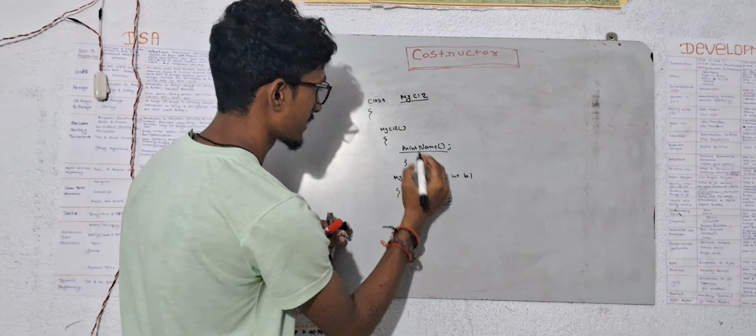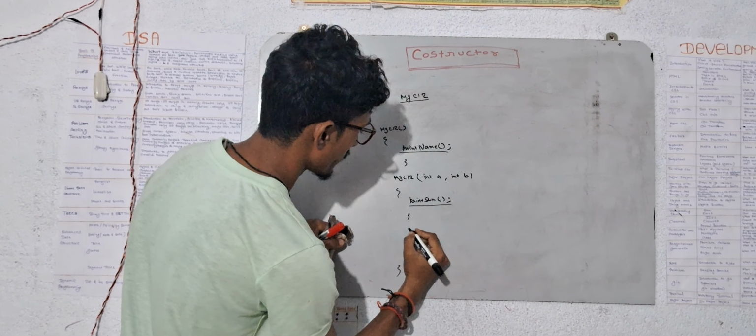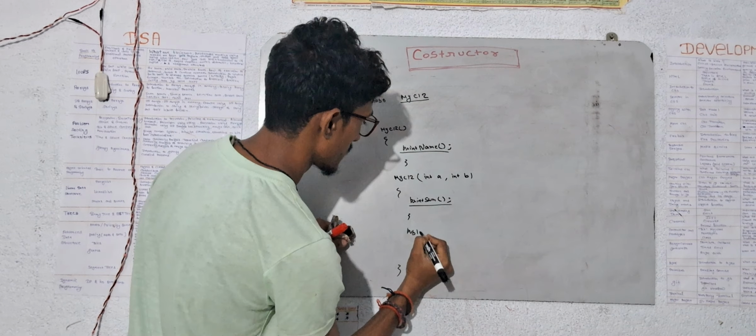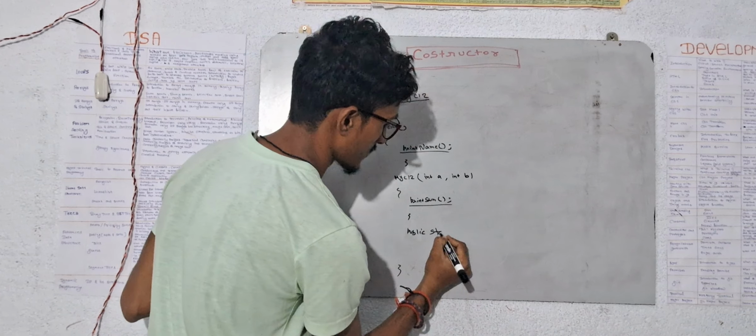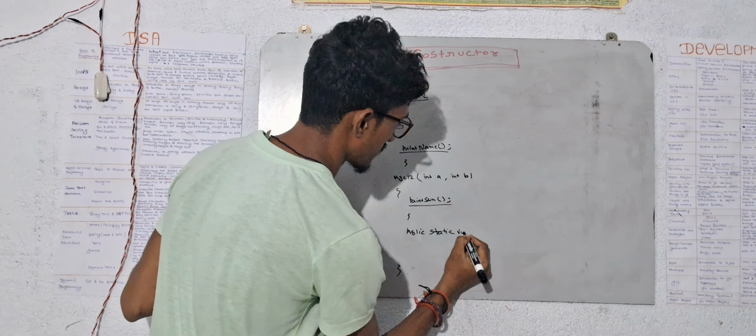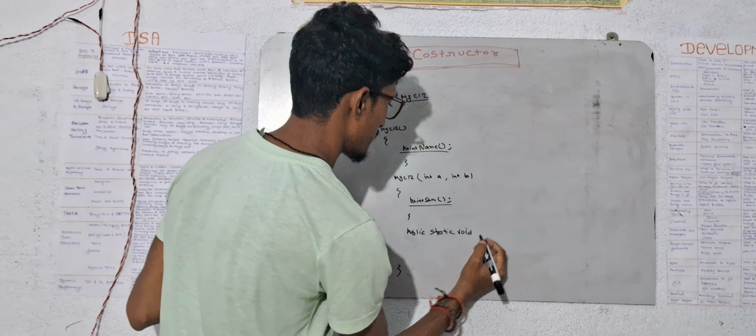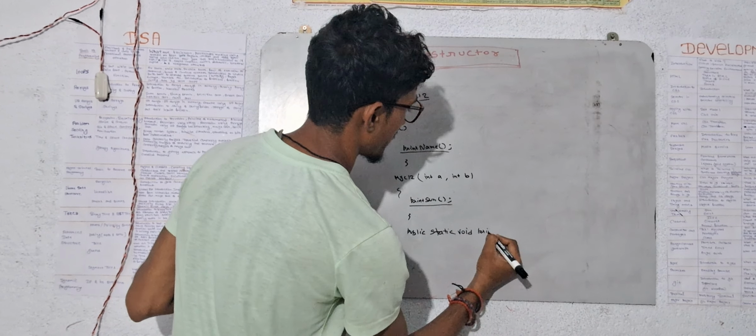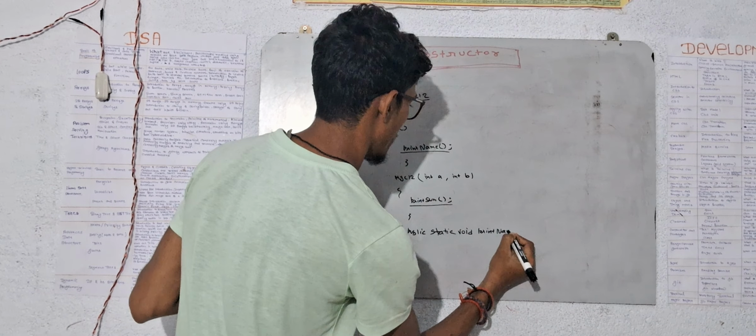For declaring print name we will write public static void print name.